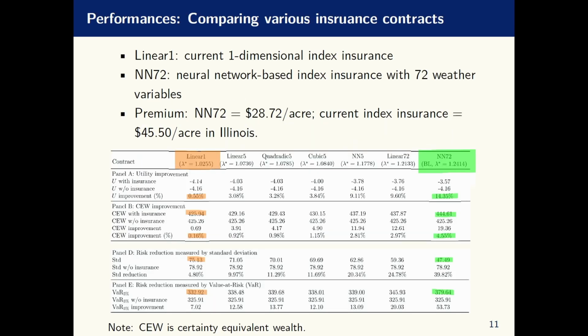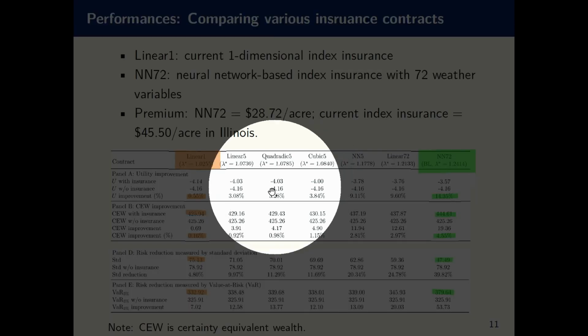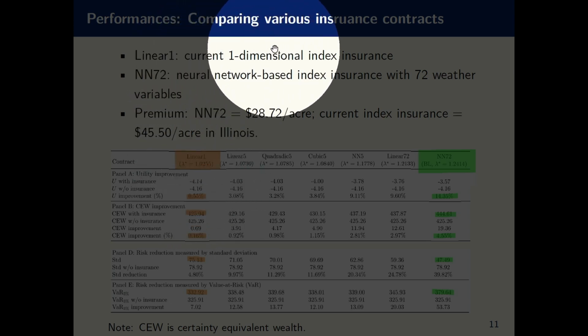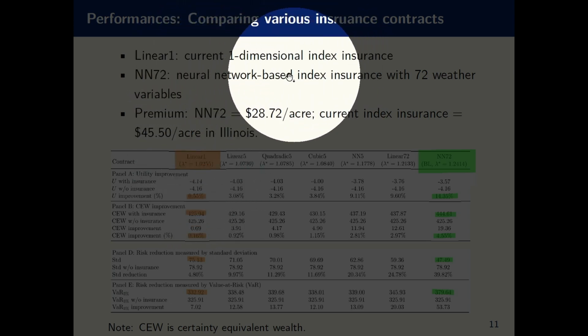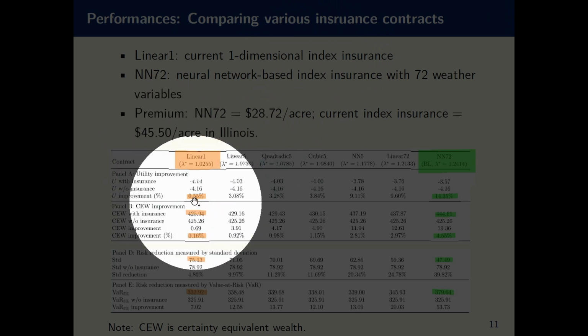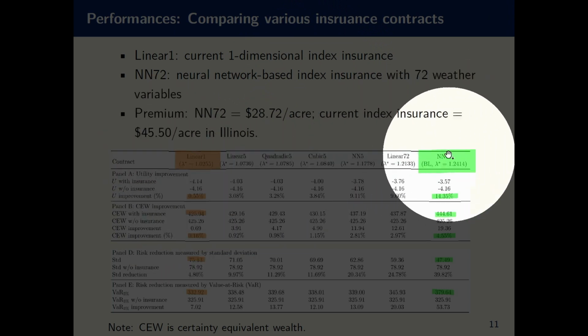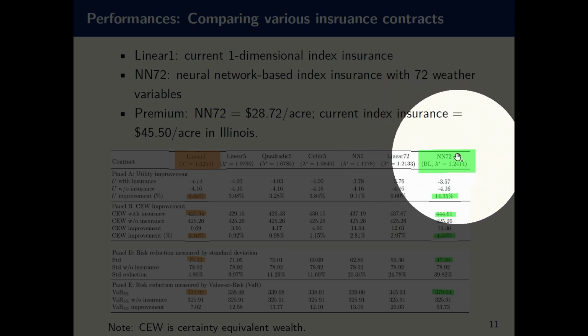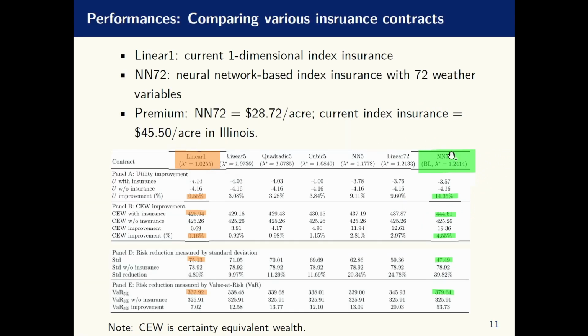OK, so let's jump to the main results. This table shows you the empirical performance of several different index insurance contracts. The first column is what we denote as the linear one, which is the current one-dimensional index insurance, written based on one variable. And the last one is our benchmark result, which is based on a neural network applied to 72 weather conditions.